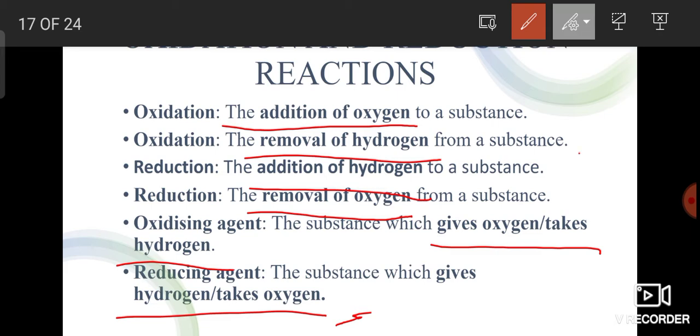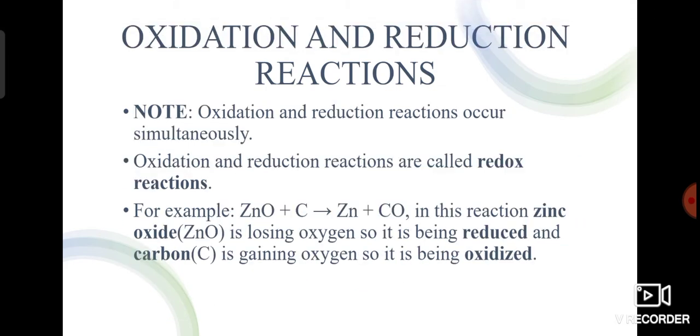Now you will understand this better when we take up a few examples. So let's move ahead. Now oxidation reduction always takes place simultaneously. You might be asked why it always takes place simultaneously. It does because you can imagine a substance which is giving oxygen, so another substance should be there which is accepting oxygen.